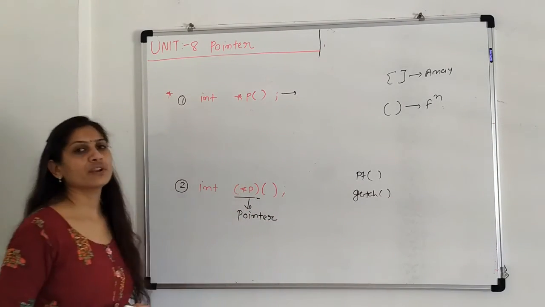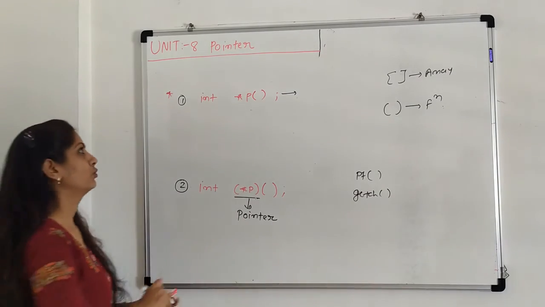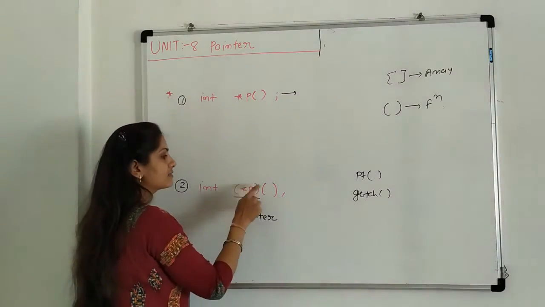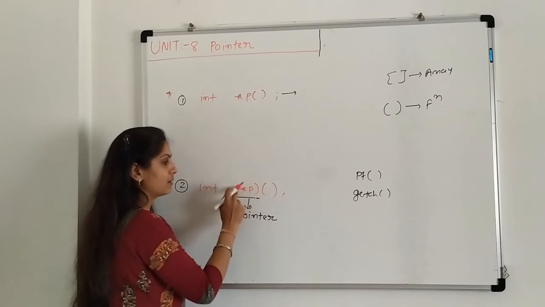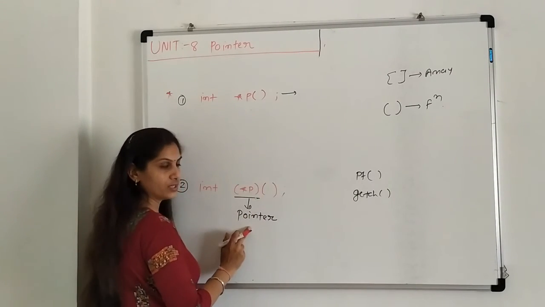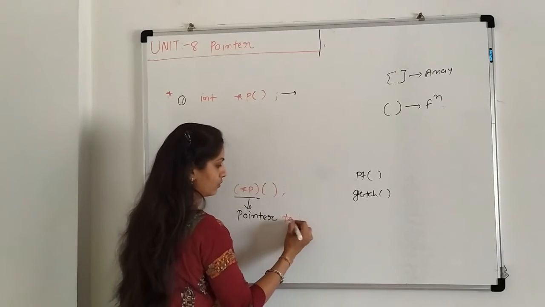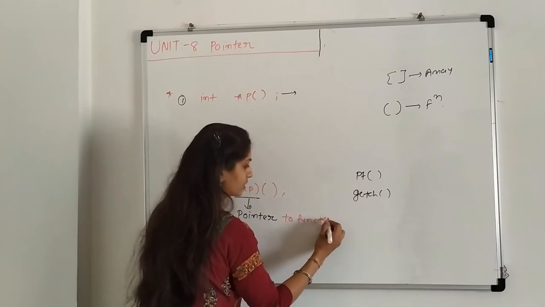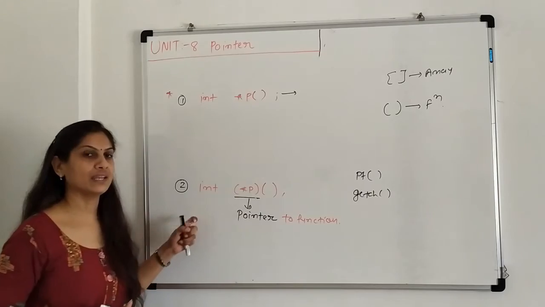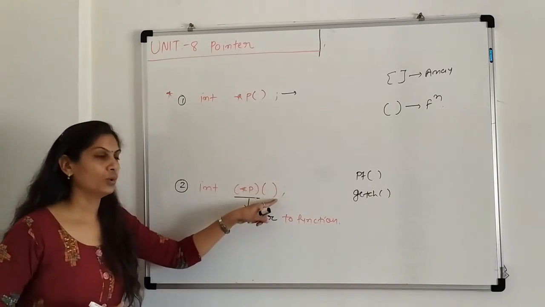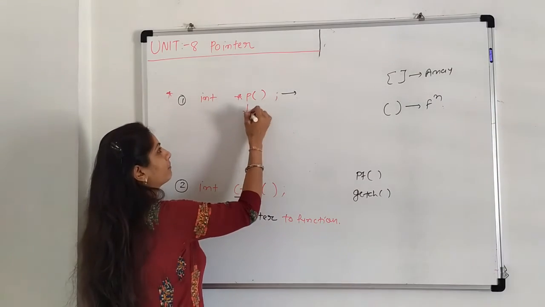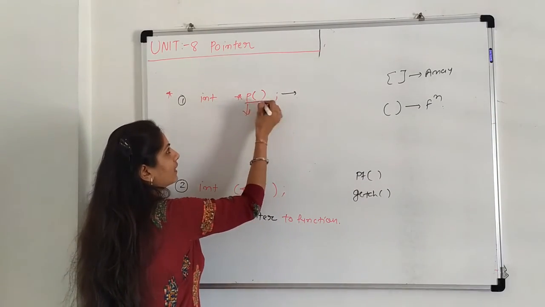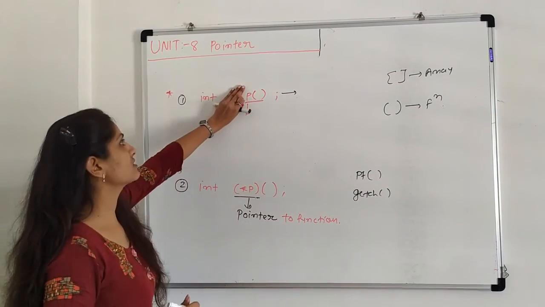Now what is the difference between these two? Star p bracket and star p bracket. So here first, p is a pointer to a function. The meaning of this line is pointer to, and the bracket indicates function. But here, remove this star.